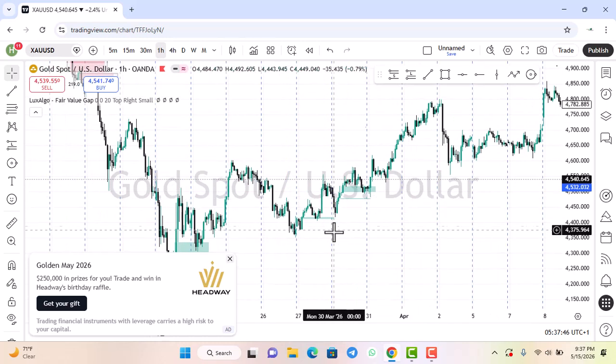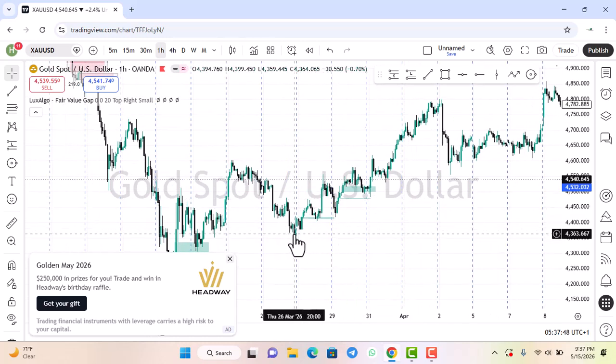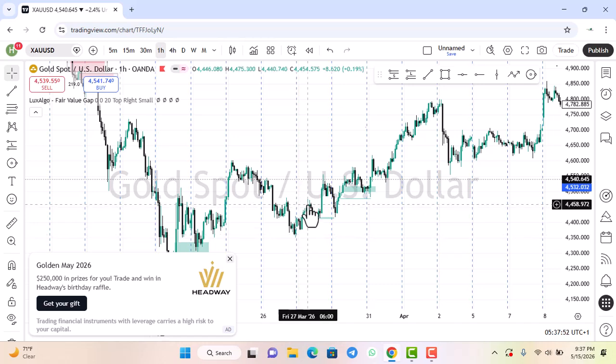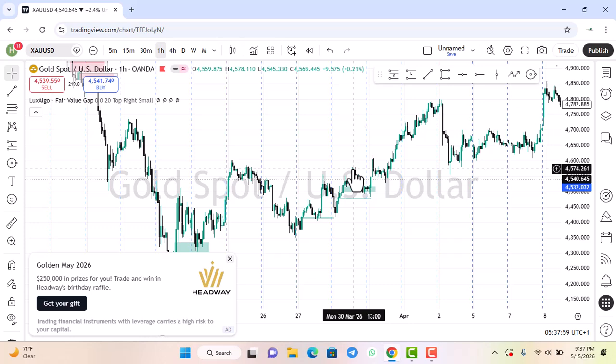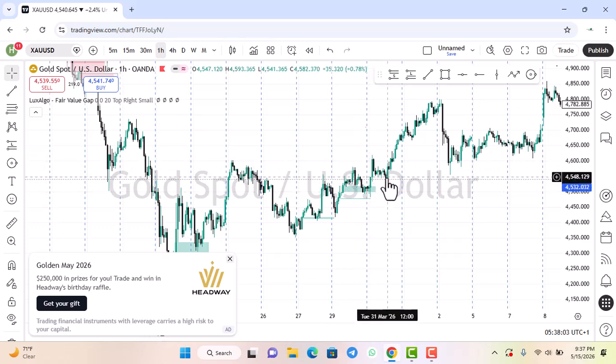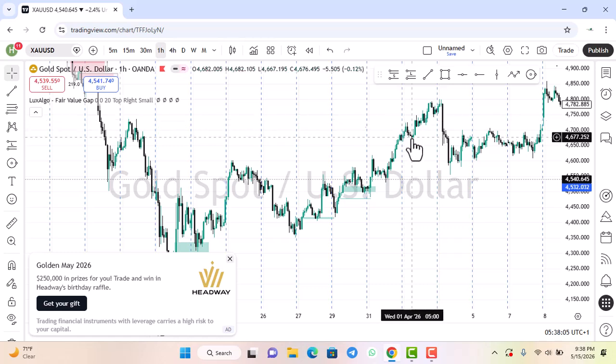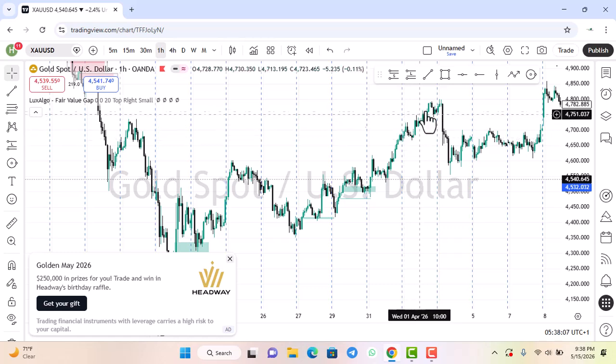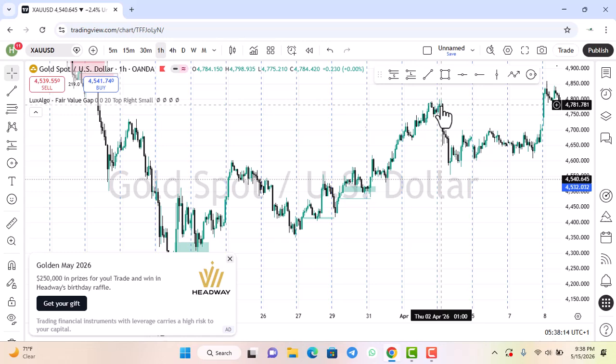In this uptrend, we have our recent higher low, higher high, higher low, higher high, higher low, higher high, higher low, higher high, higher low, higher high, right? Then a higher low, then an equal high here.